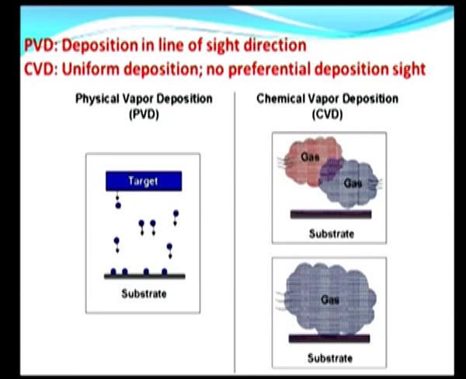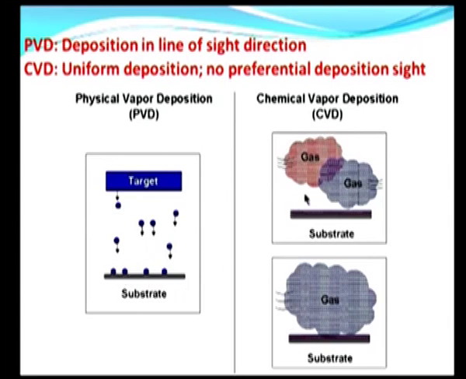Now, one general feature is that in physical vapor deposition, you have, for example, in sputtering, a target from which material is knocked out by bombarding ions like argon ions, and those particles of target material that are shot out of the target collect on the substrate to form a film. So, this is the physical vapor deposition method, where the material that forms the target becomes the material that forms the film.